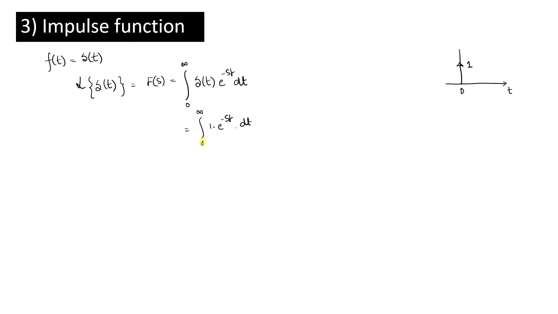It is not ranging from 0 to infinity, it is only the function at t equal to 0. So I can write this as e power minus st, only at t equal to 0. The concept of applying integration does not come into the picture in this case, because we have the term only at t equal to 0. So on substituting this, I get e power 0, which is equal to 1.